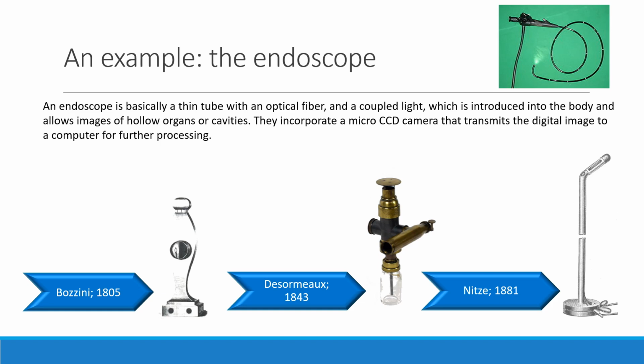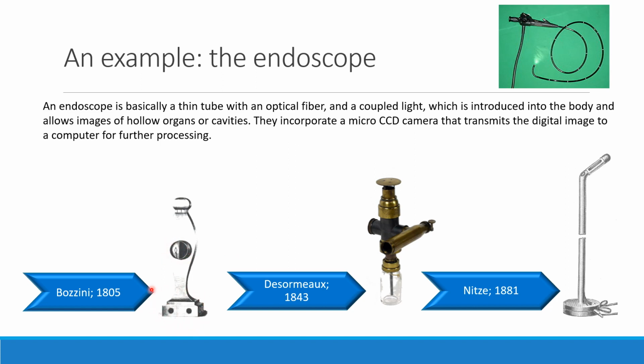Okay? Of course, before this final design we already know for the endoscope, there were some other examples. The first known endoscope comes from the beginning of the 19th century. It was designed by Bozzini, and you see here it seems to be a little bit rougher than the modern endoscope. As illumination source, we don't have an LED, but a candle.